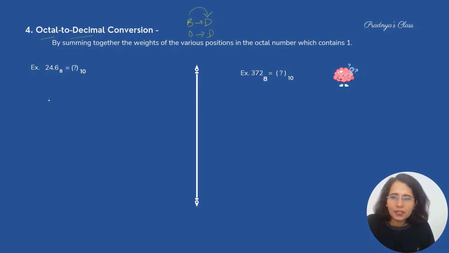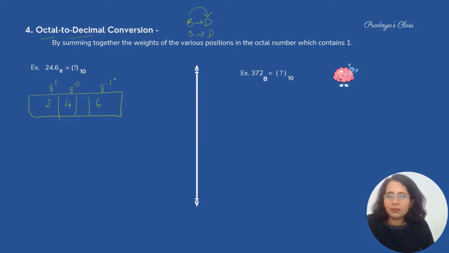Okay, let's solve it. The number is 24.6. So write the positional value of the number. So 8 raised to power minus 1, 8 raised to power 0, 8 raised to power 1, and then multiply this positional value to the digits. So we'll get 2 into 8 raised to power 1 plus 4 into 8 raised to power 0 plus 6 into 8 raised to power minus 1.